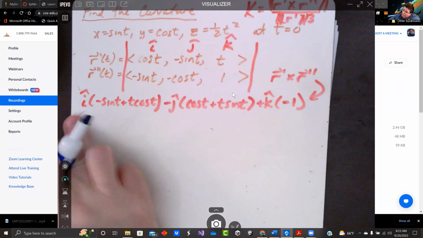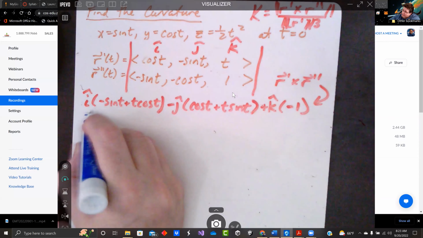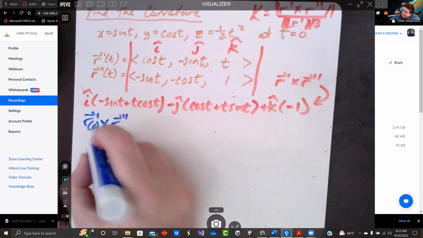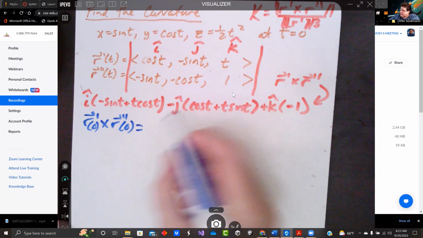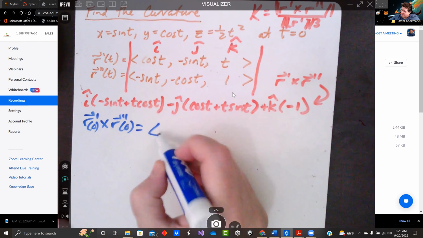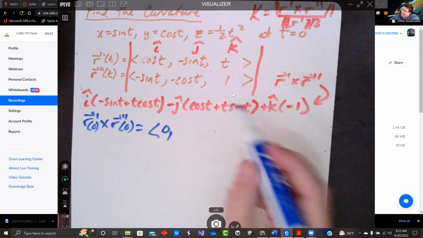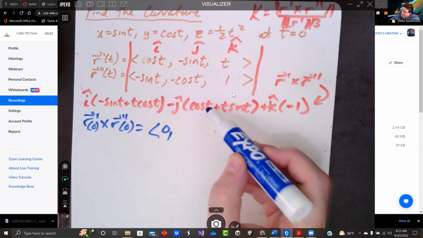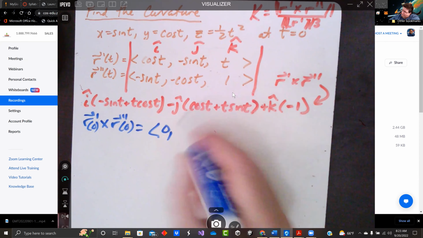All right, so what is our r prime cross r double prime evaluated at 0? We got negative sine 0 plus 0 cosine 0, which is 0. On the j hat, there's a negative, cosine of 0 is 1, and then that's 0, so -1.